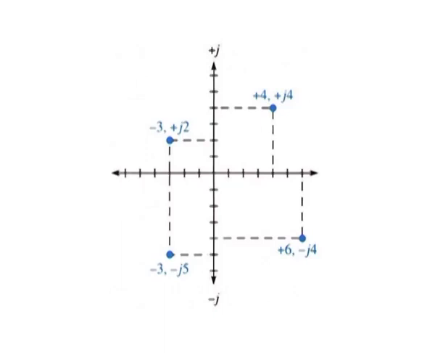The point located in the third quadrant has coordinates minus 3 and minus j5. The point located in the fourth quadrant has coordinates of plus 6 and minus j4.